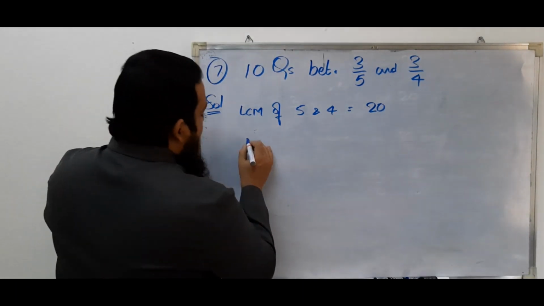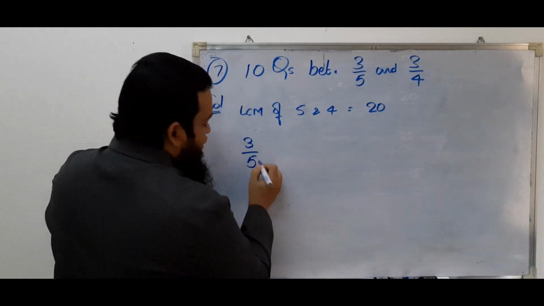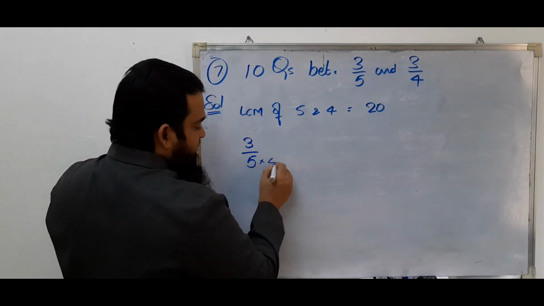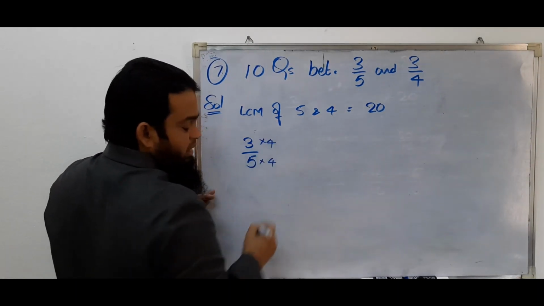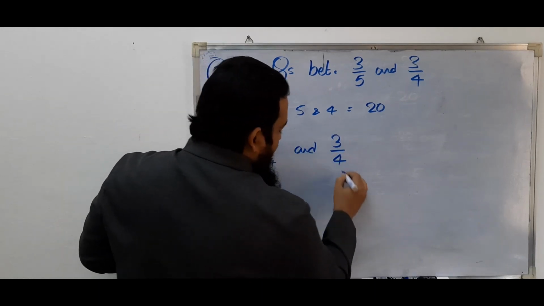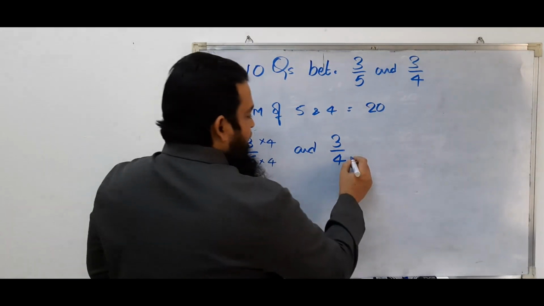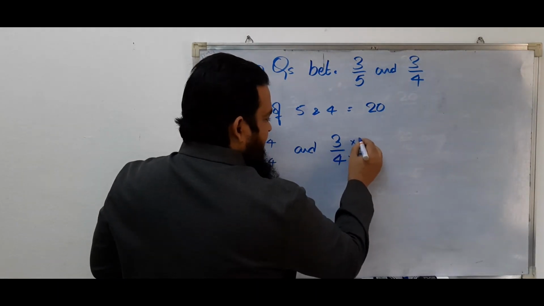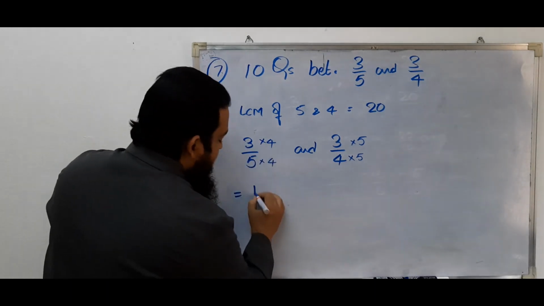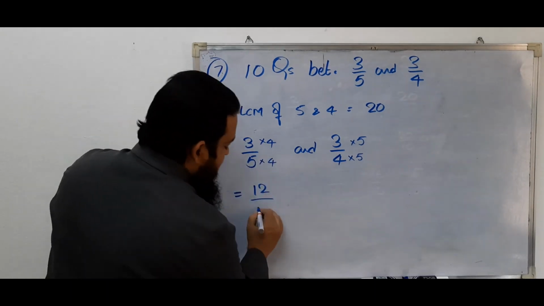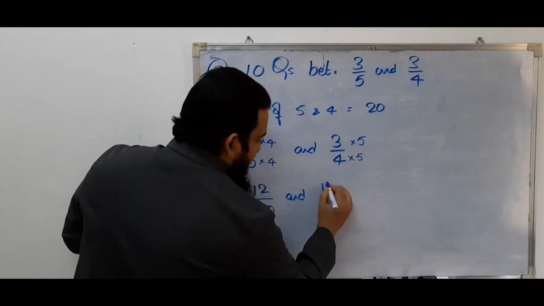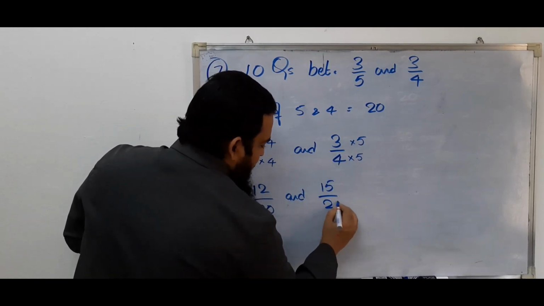To change 3 by 5 to denominator 20, multiply numerator and denominator by 4. And for 3 by 4, multiply numerator and denominator by 5. So that gives 3 fours 12 by 5 fours 20, and 3 fives 15, 4 fives 20.